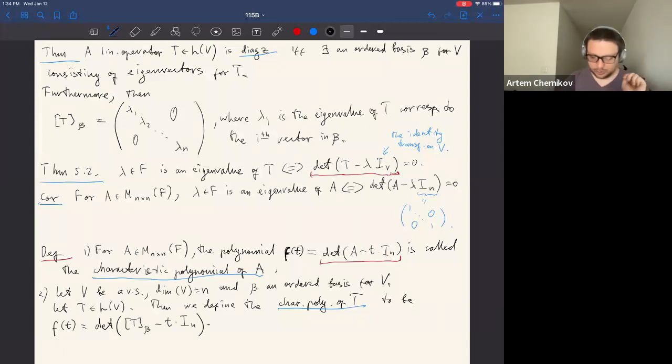You see that this makes sense because here we have a matrix, so it makes sense to talk about its determinant.